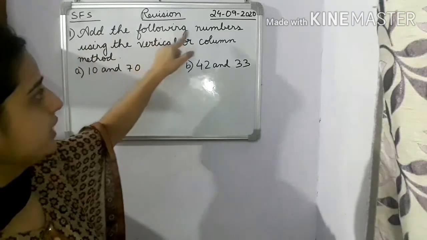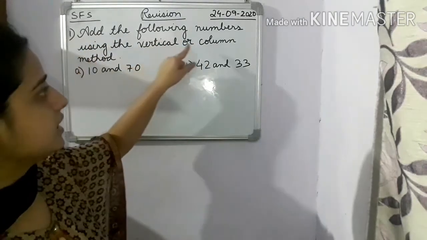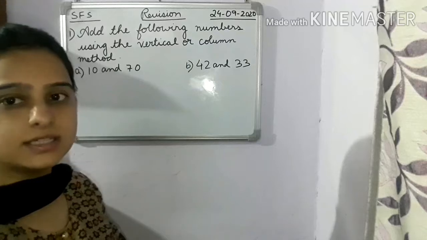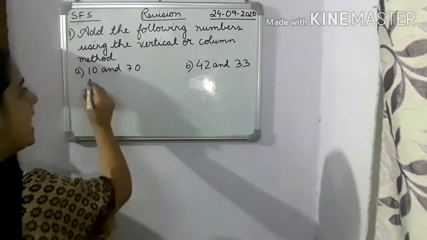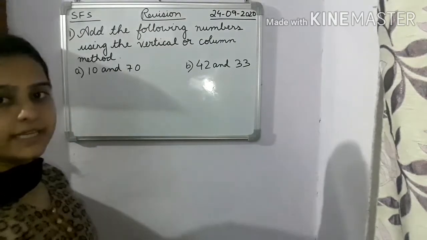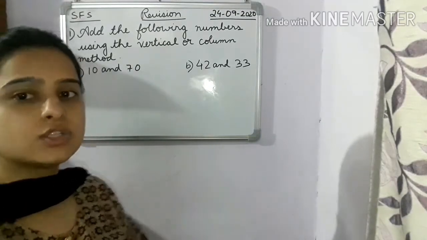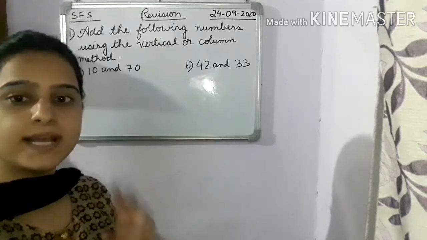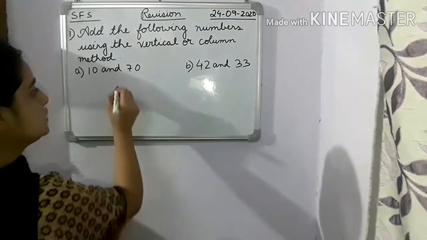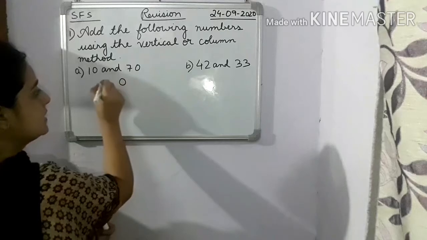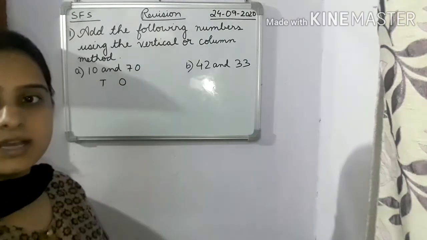Add the following numbers using the vertical or column method. So first one, add 10 and 70. So it is your two-digit numbers, isn't it? Two-digit numbers means how many places will be here? Here will be two places, ones and tens, isn't it?